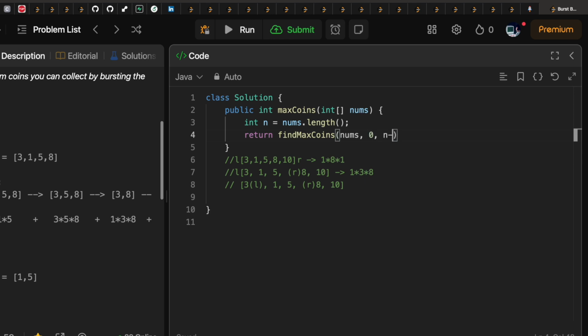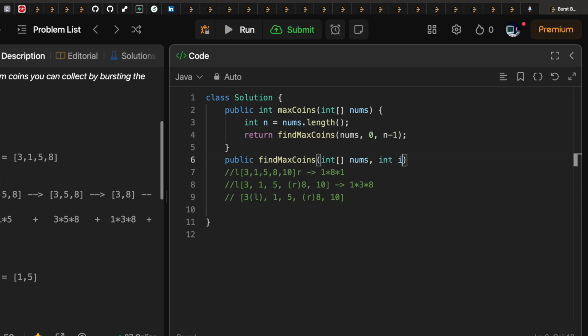We are at 0th index and minus 1th index, so our array is bound. So public find max coins, int nums array, int left part, int right part.